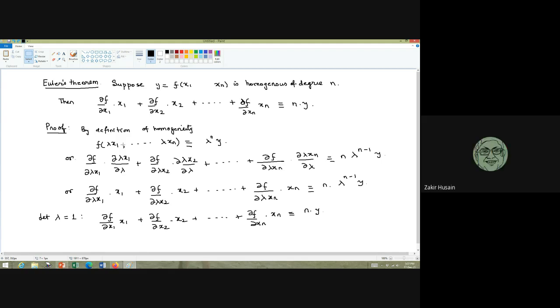Okay. Think of it in this way. So we can write this function.